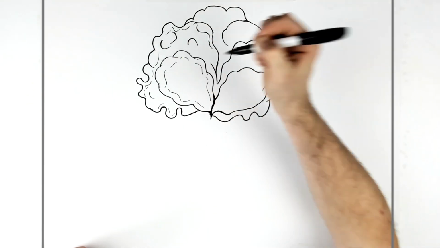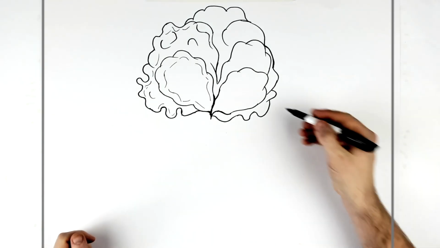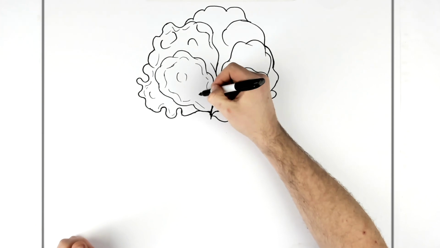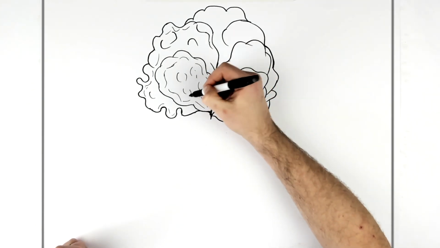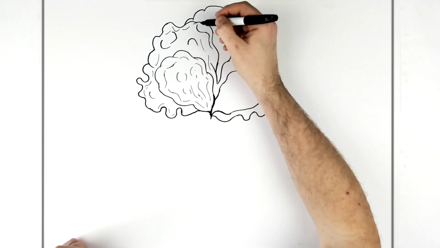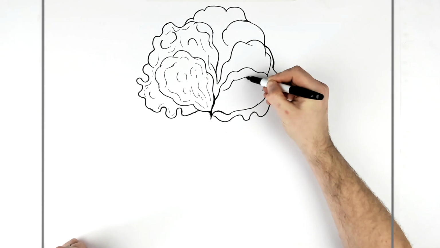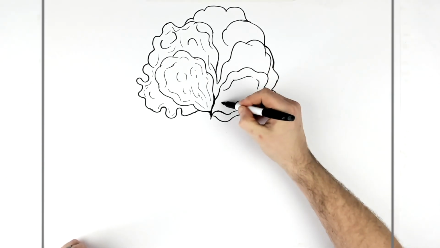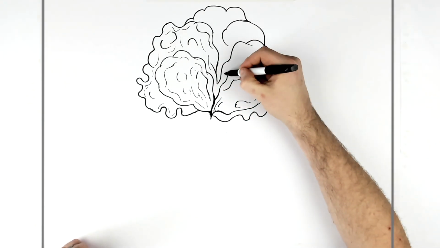So you're just adding all these sort of lines, right? Trying to make it look bumpy. And there might be some inside as well. Trying to make it look all gnarly and sort of creepy.